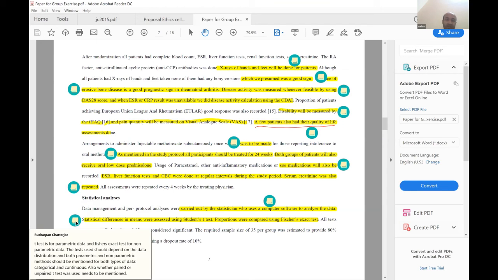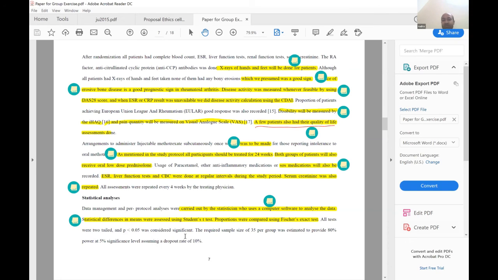So rather, it would be better to give a generic statement: the distribution of data was analyzed, and we used a t-test for parametric and a Wilcoxon signed rank test for non-parametric data. And similarly for categorical variables, a chi-square for parametric and a Fisher's exact test for non-parametric were used. Something like that would be more prudent, I feel.